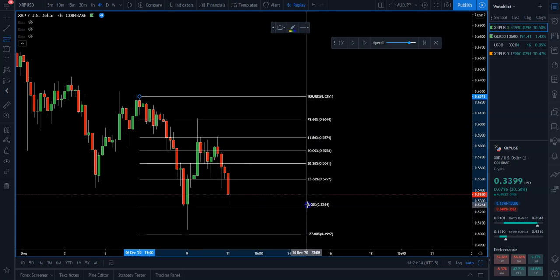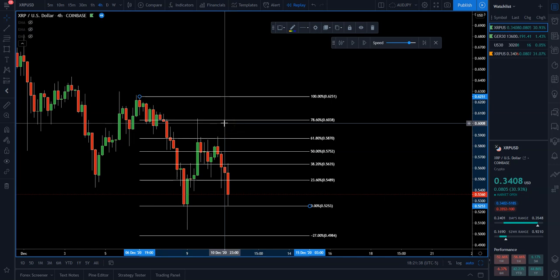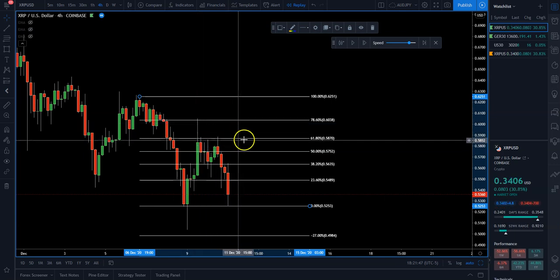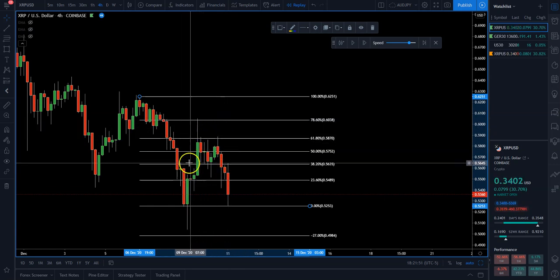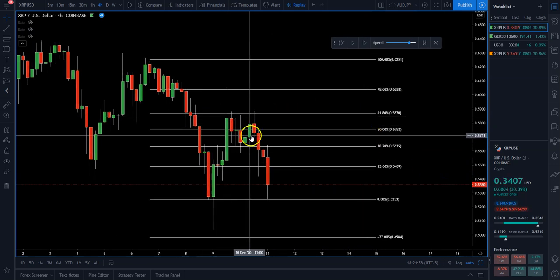Even though I ignored the whole 78 thing, because I saw this is actually where it kept rejecting. I didn't even take a look at that. I didn't care about that because I saw this is where it was rejecting. And I saw this, it was a nice 61.